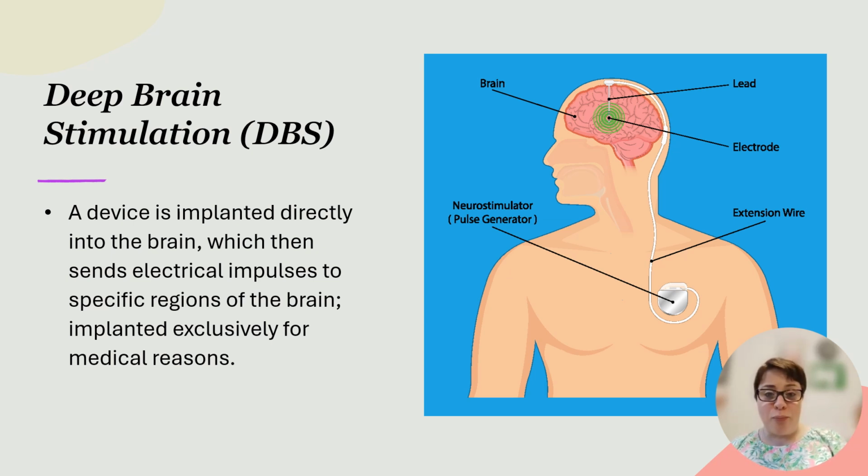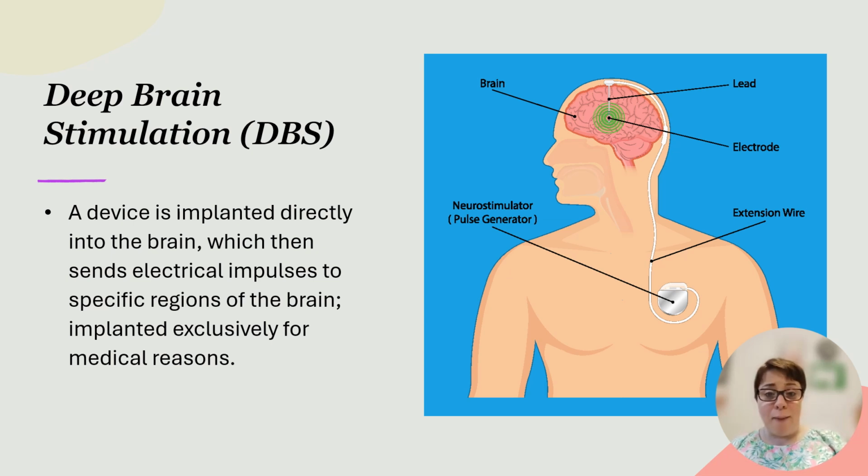It has also been successful in treating major affective disorders, such as obsessive compulsive disorder, and also major depressive disorder. In research, it is only used with patients who have the DBS device implanted for medical reasons.